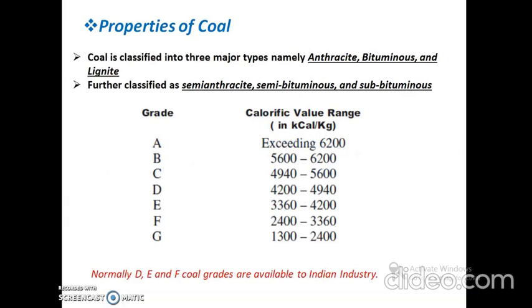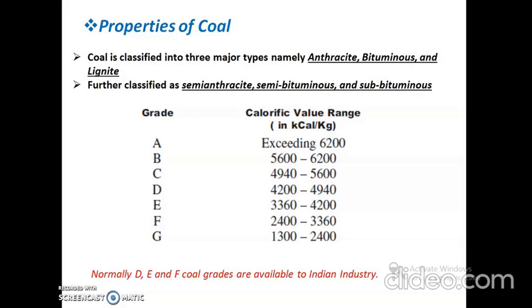Next, go to the solid fuel. When it comes to solid fuel, of course, coal is the best option and widely used. Coal used in the boiler or in the furnace is generally of three types, which we all know: anthracite, bituminous, and lignite.